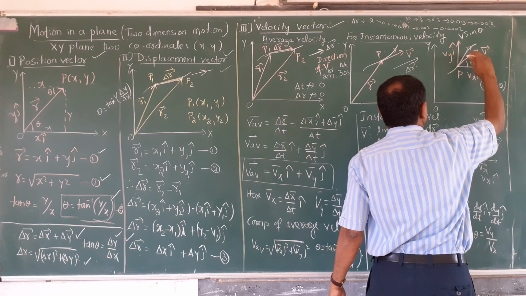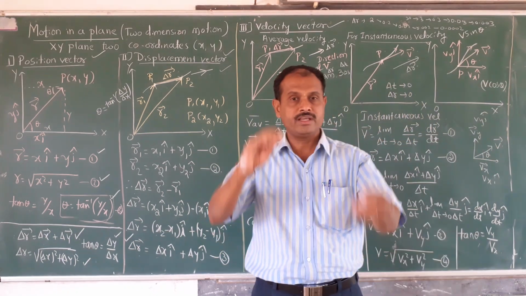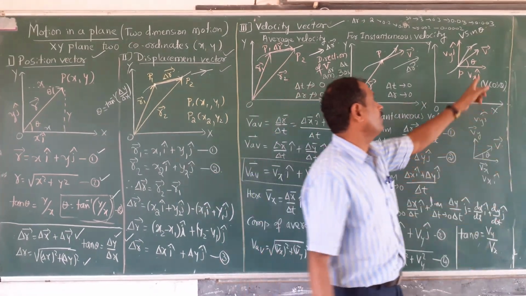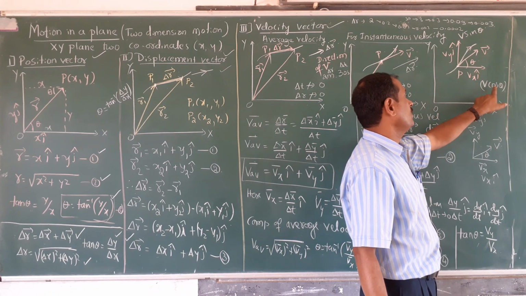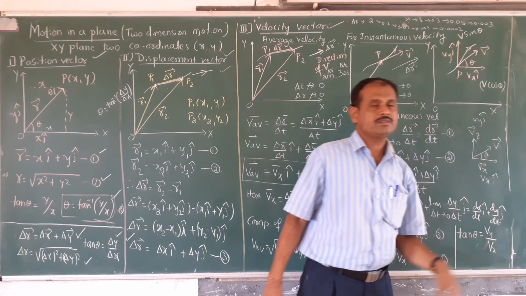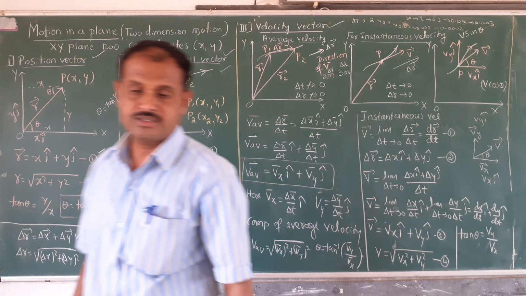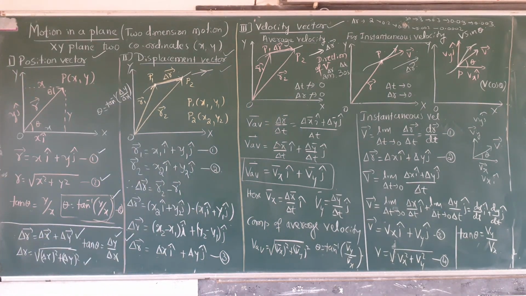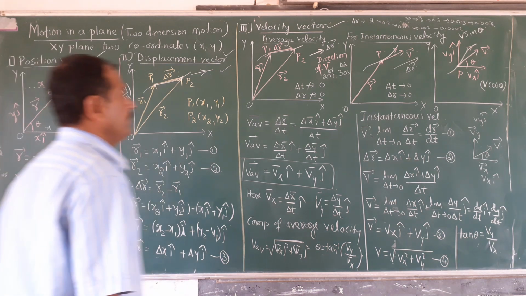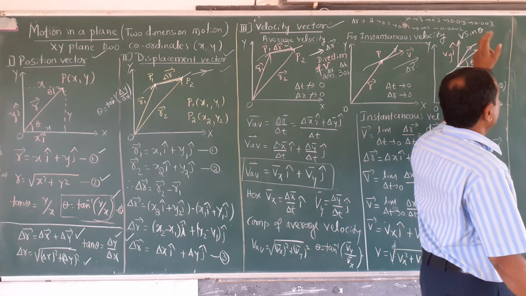This is theta. Theta side component is always the cos component. Therefore, this is resolved into two components: one is v cos theta, one is v sin theta. The instantaneous velocity is resolved into two components, one along the horizontal, another one vertical. Along the horizontal, v cos theta. Along the vertical, v sin theta.